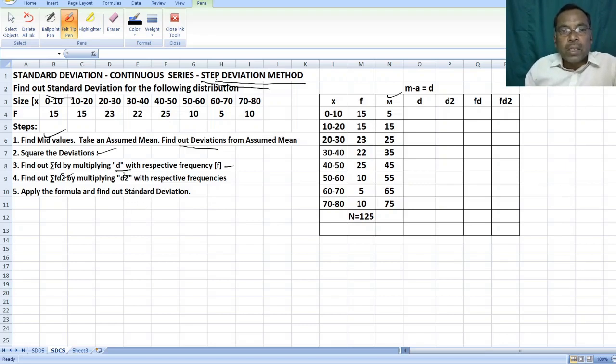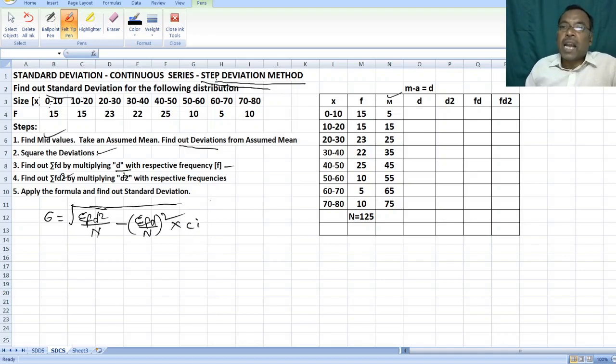One important thing is you have to take the difference of lower and upper values. Sigma is the symbol for standard deviation. Sigma equals square root of summation fd square by n minus, in brackets, summation fd by n whole square, into ci.